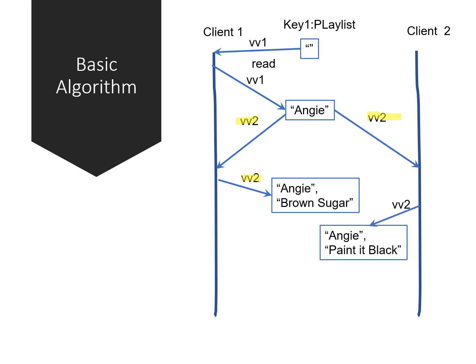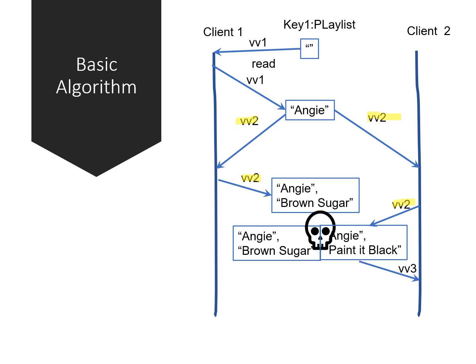Client 2 comes along, it writes its update along with the version value that it read when it read this value, and the database says, hang on a minute, that's version 2, but we're now version 3 in the database. So this is a conflicting write. We have siblings, and I'm going to try and force this client to merge these updates.